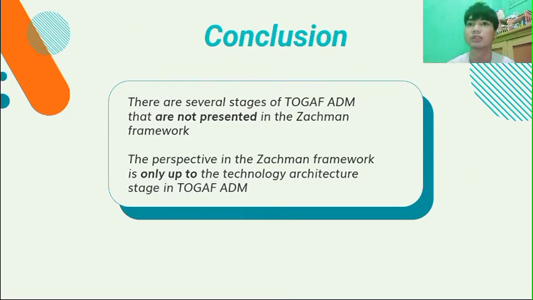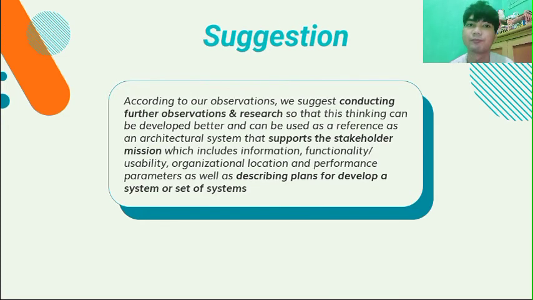So the conclusion is there are several stages of TOGAF ADM that are not presented in the Zachman framework. The perspective in the Zachman framework is only up to the technology architecture stage in TOGAF ADM.